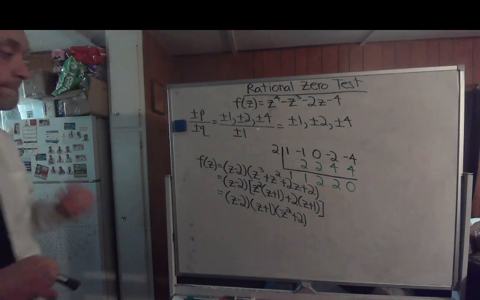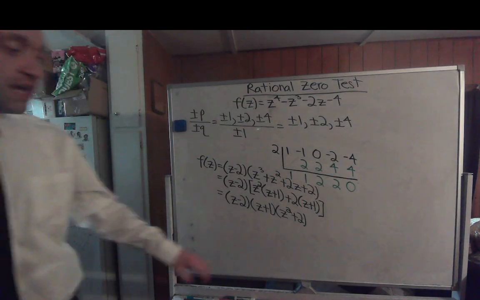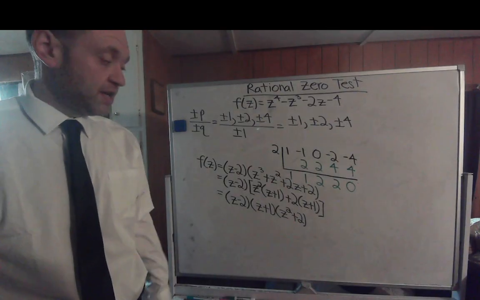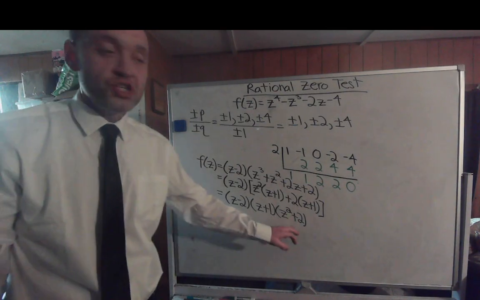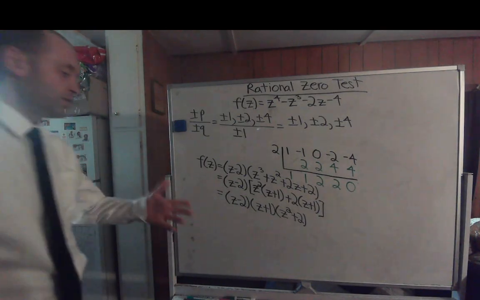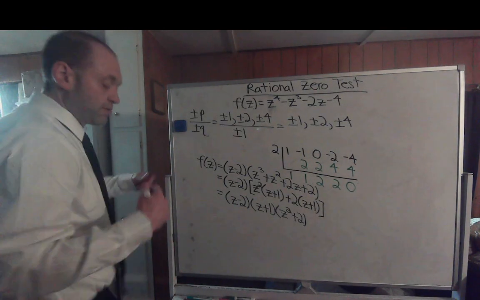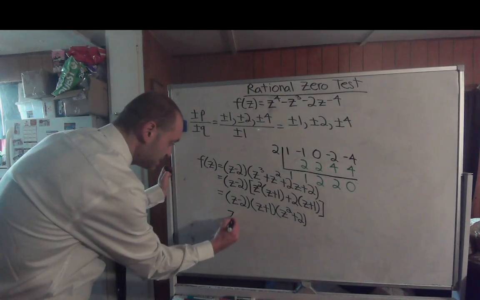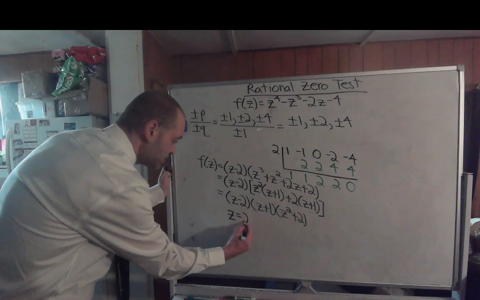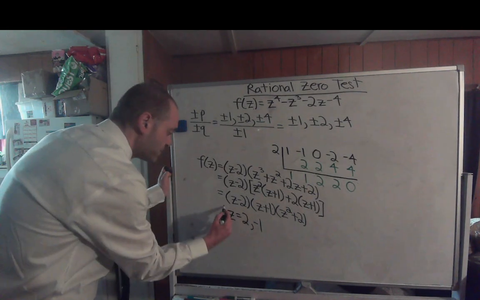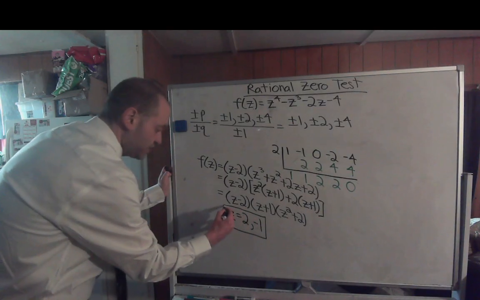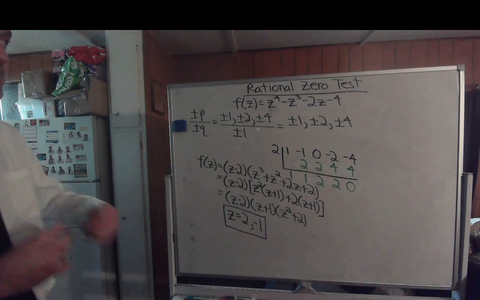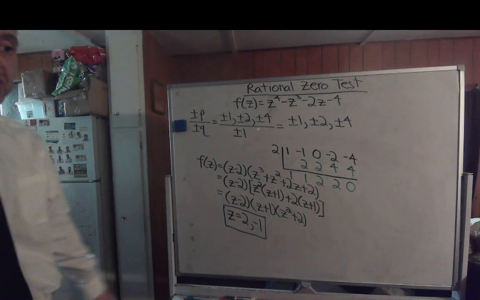And now we know we can't factor z squared plus 2 any further. If you try, you'll have two imaginary roots. So the only ones we really got to consider are z minus 2 and z plus 1. That means z equals +2 and -1. And yes, we have two imaginary solutions, that's true, but today we're only concerned about the real zeros.